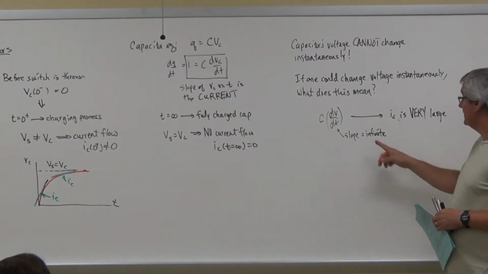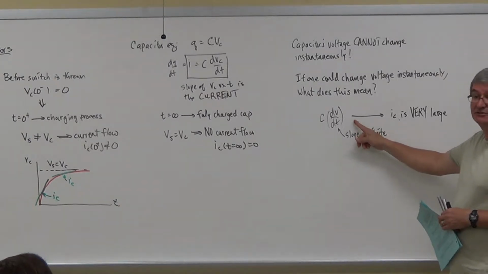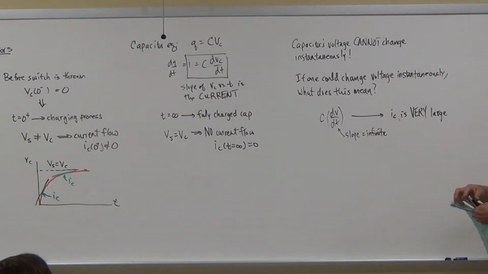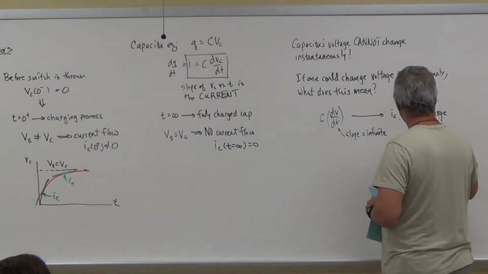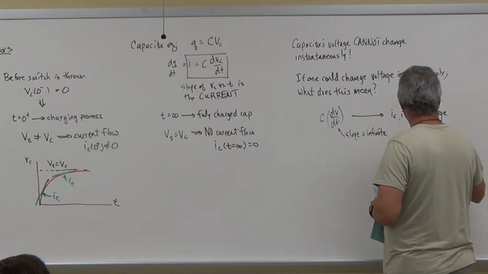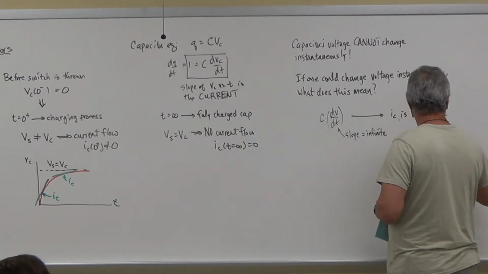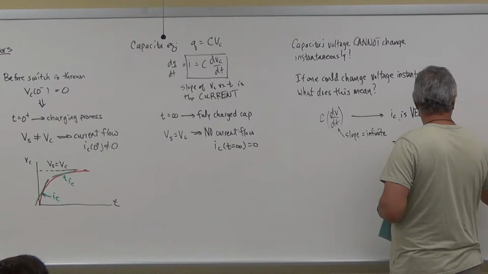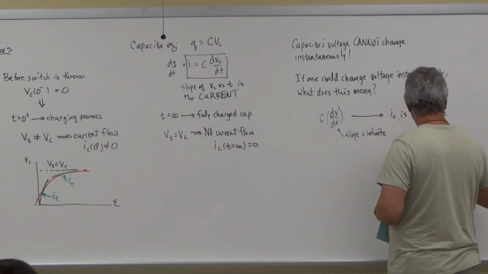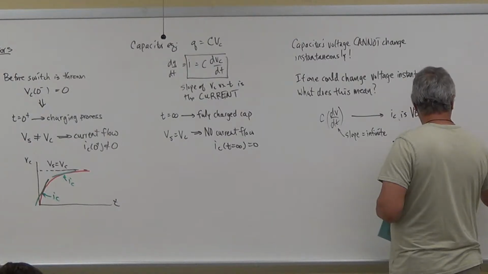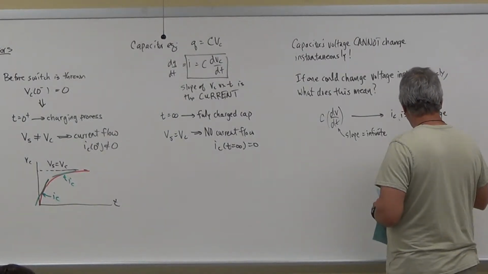So you really can't change the voltage of the capacitor very quickly. By the way, if the current is very large, then you get dielectric breakdown of the insulator of the capacitor.